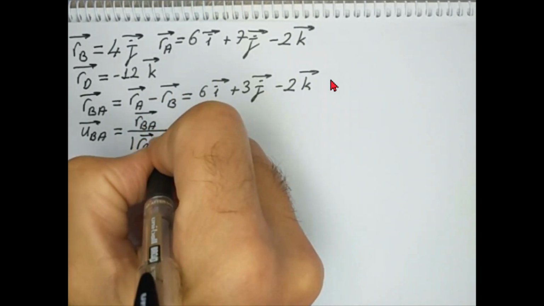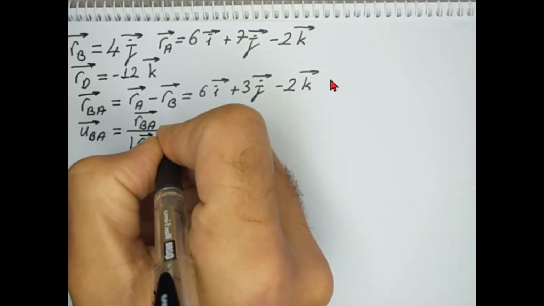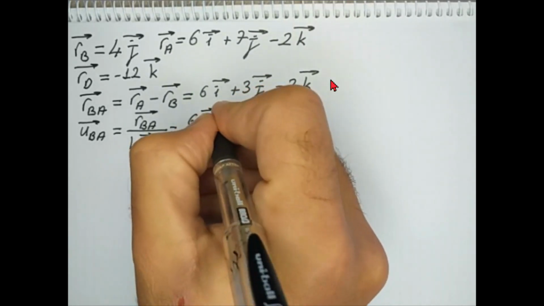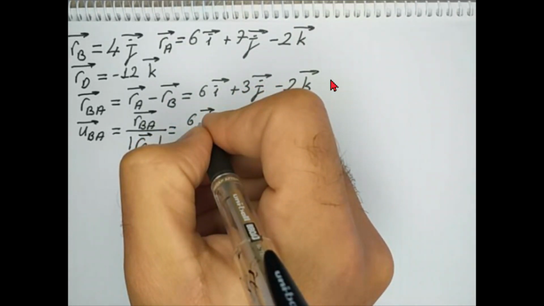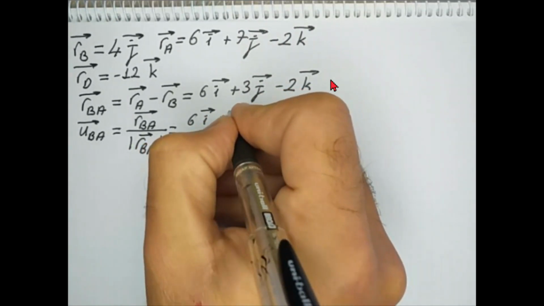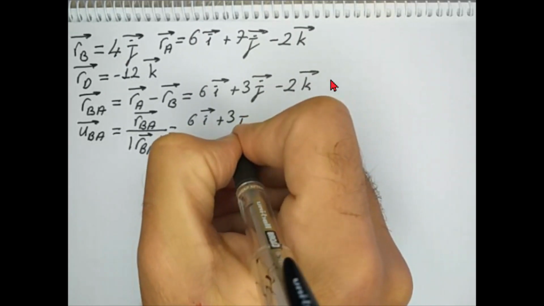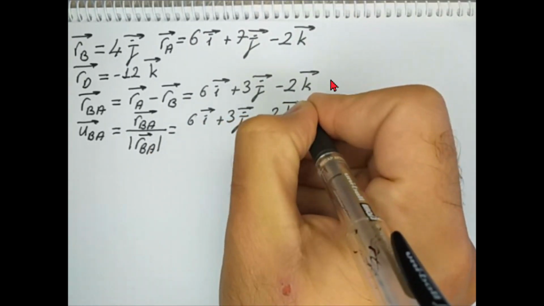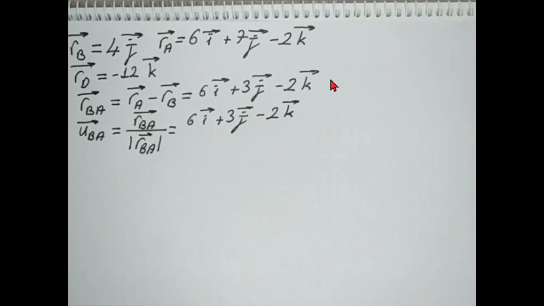So it is 6i plus 3j minus 2k divided by 7.